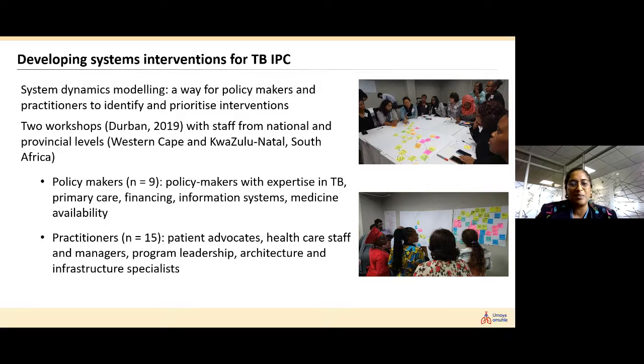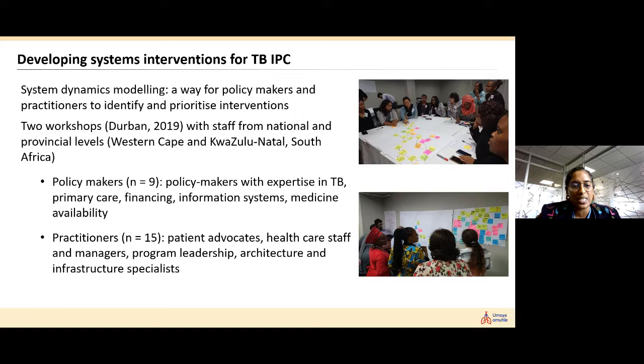Okay, then we did our systems dynamics modeling, which was a way for policymakers and practitioners to identify and prioritize interventions. There were 2 workshops in Durban and Cape Town, and we had a combination of policymakers and practitioners.